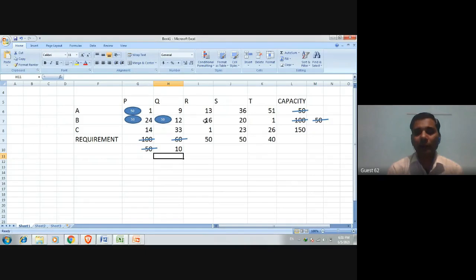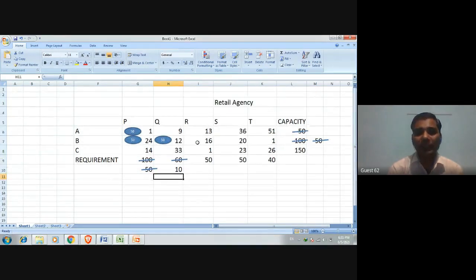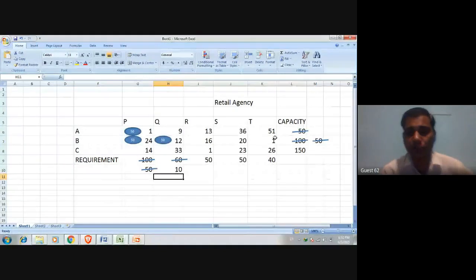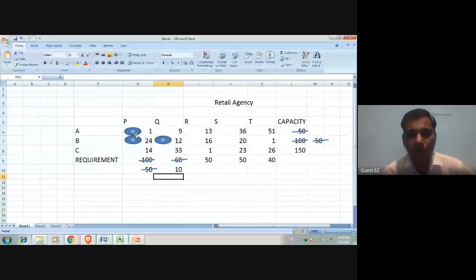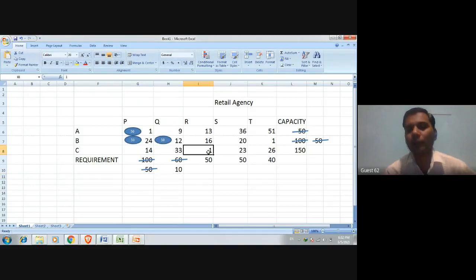The requirement of R, since the warehouse now doesn't have any unit of product, we cannot supply from B. Now the requirement of R will be fulfilled by warehouse C, because there is no unit in B and A. So to fulfill the requirement of R, we will go to the next column. From here, third column. Okay.